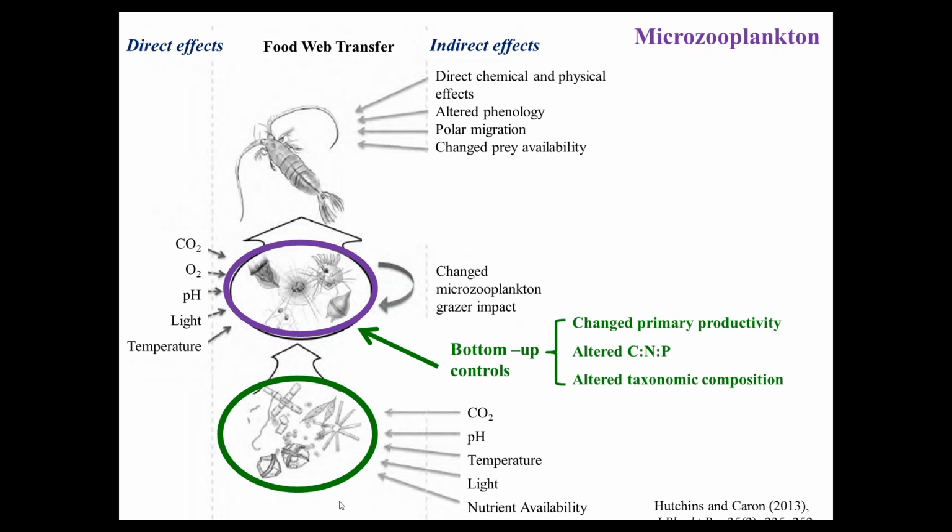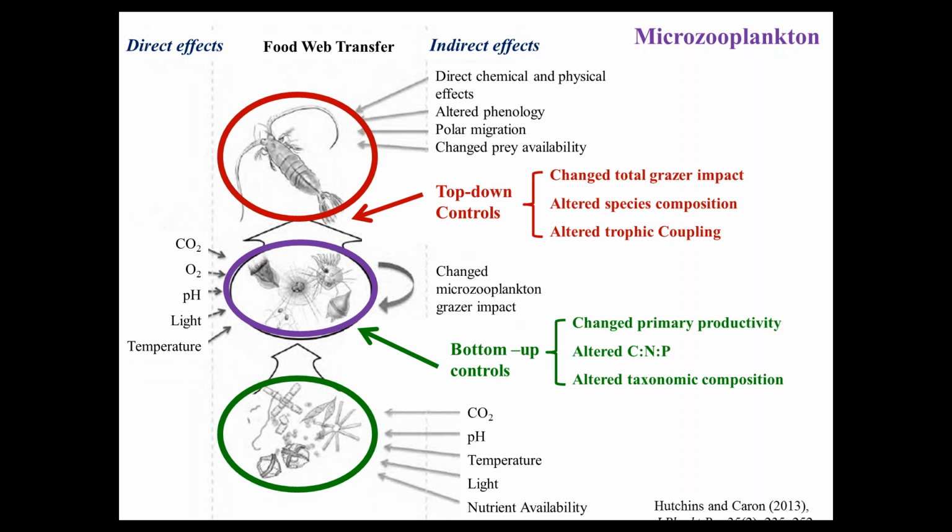These come from some of the changes and shifts in the phytoplankton that we talked about up to now: changes in primary productivity, altered stoichiometry, or in this case prey quality for the microzooplankton, and also taxonomic composition if we think about potentially harmful algae. And so bottom-up plays a role, but also top-down.